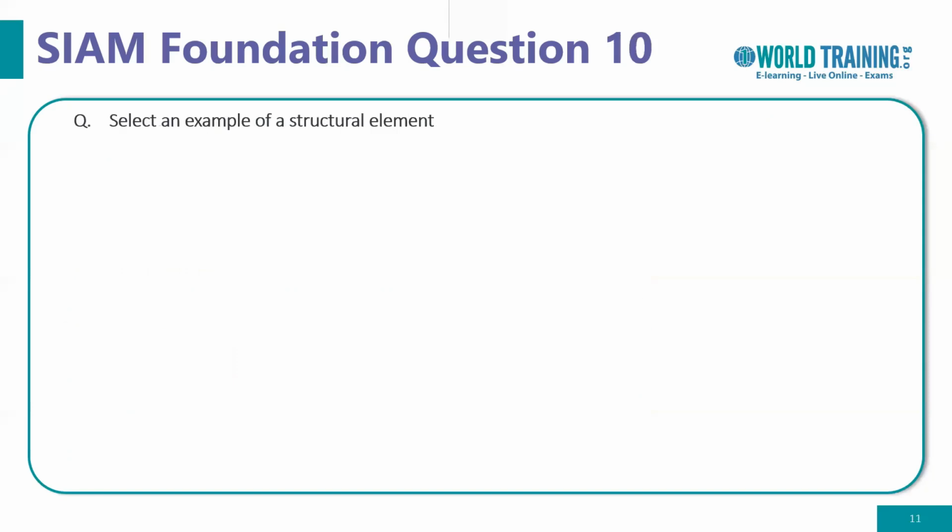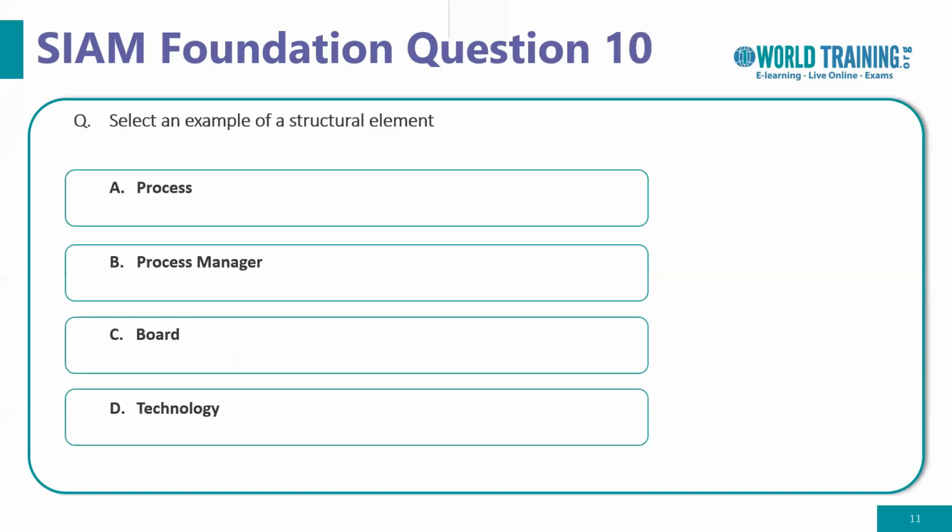Select the example of a structure element. Again, structure element, as we have discussed, is nothing but the overall mechanism of any independent organization, and an independent organization would be referring to the independent service provider, service integrator, or customer.